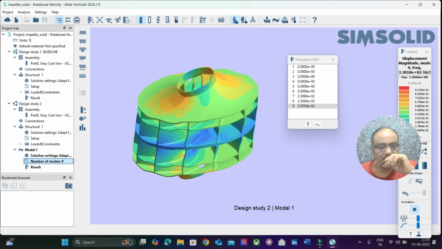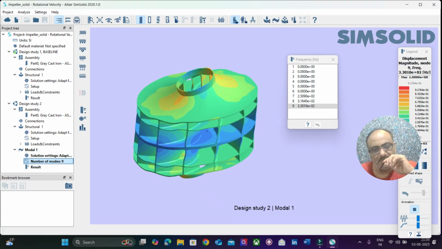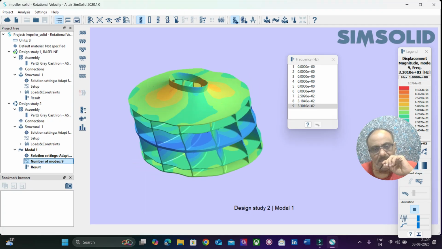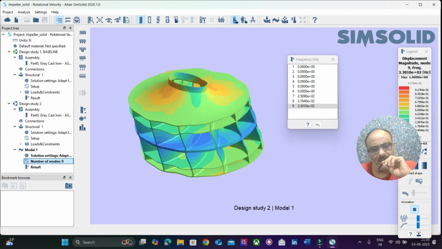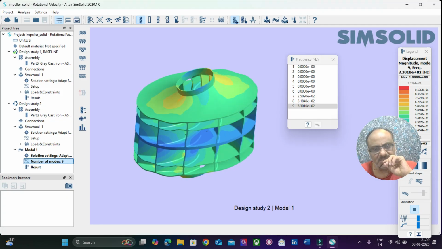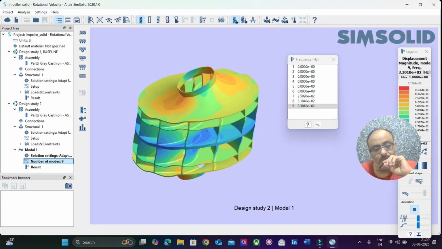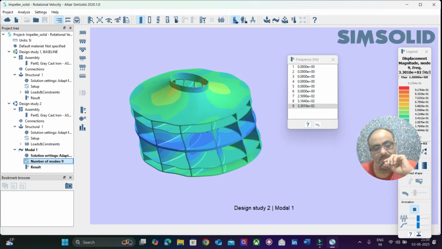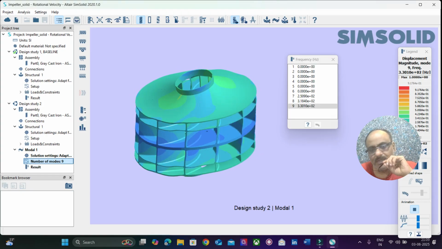In this system, if there are any induced vibrations, that also has to be checked. Sometimes there will be repetitive loading, so structures can be subjected to cyclic loadings. Because of that, the structure will experience a lot of stress. Every cycle there will be some stress, and that stress gets accumulated, and over-accumulation of these stresses will lead to fatigue, and because of fatigue there can be a failure.